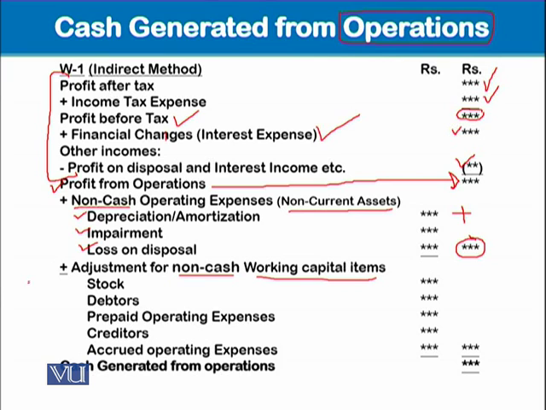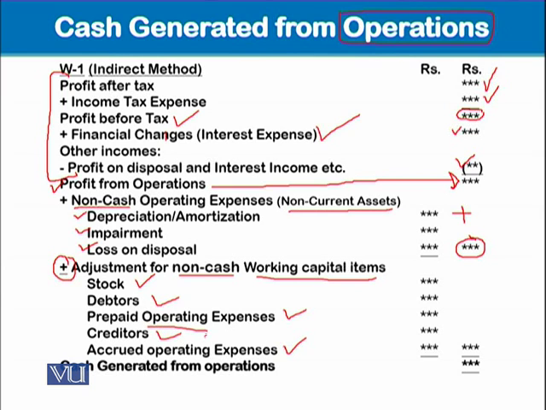And then once we are done with this, we have to adjust plus or minus. Practically we will solve a question on it. So the stock, debtor, prepaid operating expenses, creditors, and accrued operating expenses.